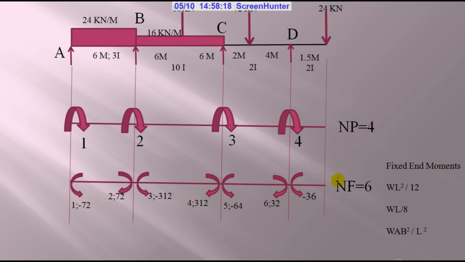This is the overhanging moment. In case of eccentric loads, you should properly calculate WAB square upon L square or WA square B upon L square. So I shall stop here, and in my next video I shall start with the development of static matrix.